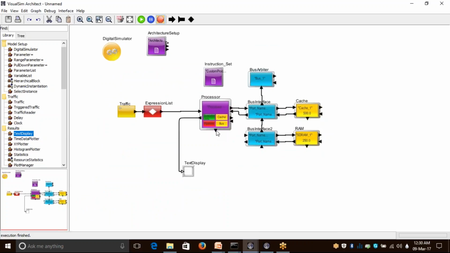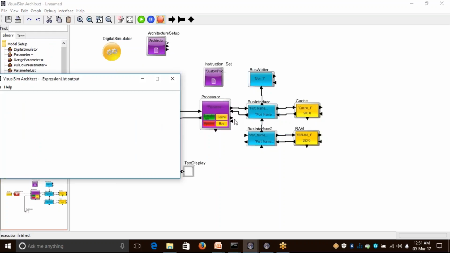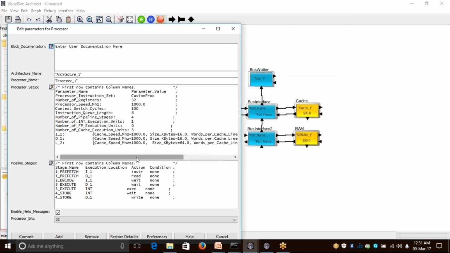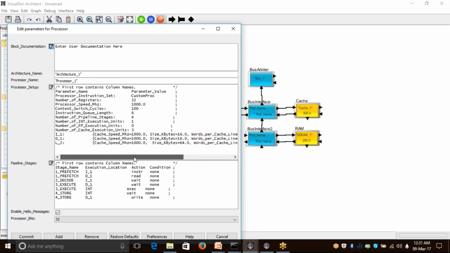There are multiple ways that we provide. One thing is you can try to understand if the requests are coming in to the processor, and you can see here, or you can double click and check if everything is defined correctly. For example, your L2 cache or L1 cache and all those miss details.